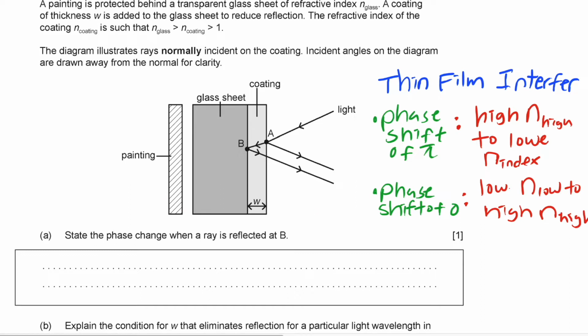So for this problem, the light is reflected at B, which is glass. And we know that the glass has a higher refractive index than the coating. So it belongs to the scenario where the ray will experience a phase shift of pi. So the phase change is pi.